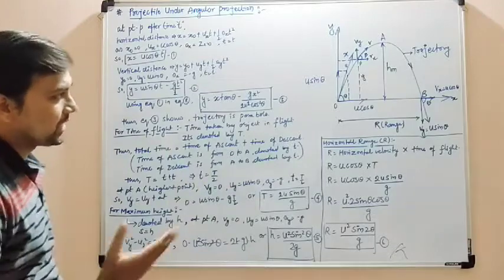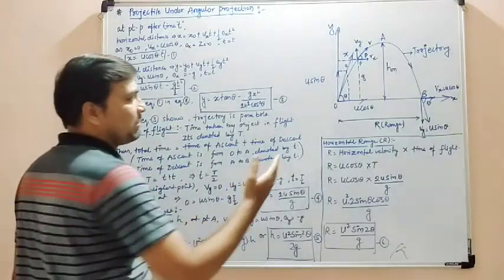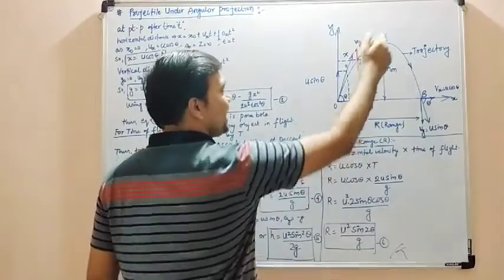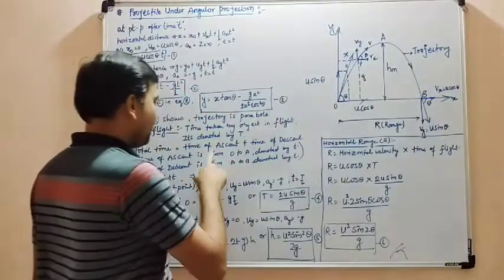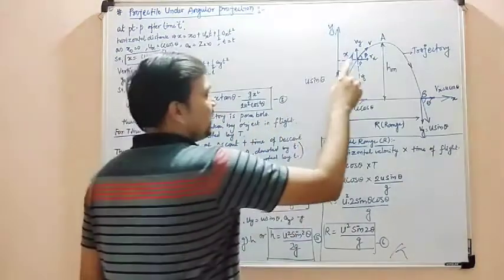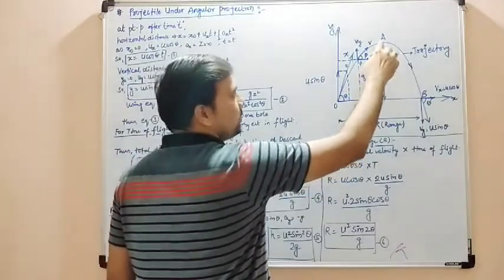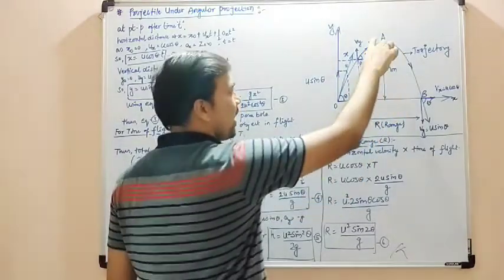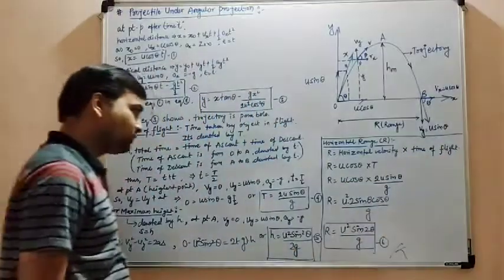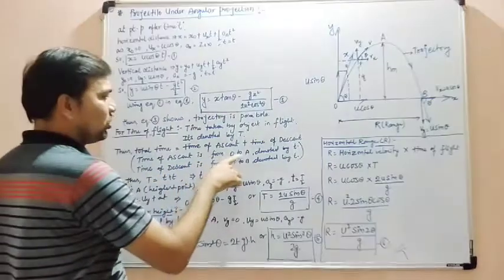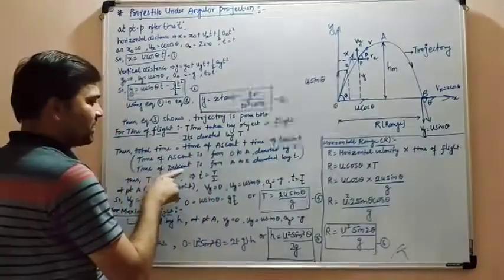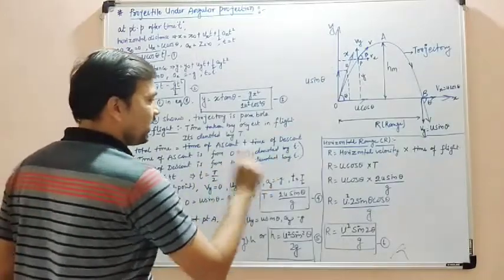Now what is the time of ascent? It is the time taken by the object to reach from O to the highest point. Similarly, the time of descent is the time taken by the object to reach from the highest point to the ground. So the time of ascent is from O to A, denoted by small t. The time of descent is from A to B, denoted by small t.